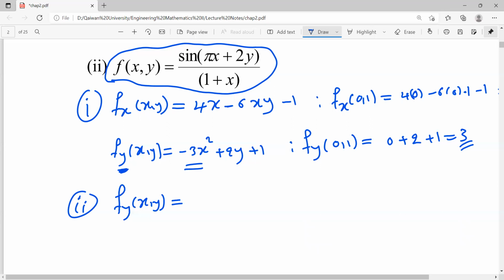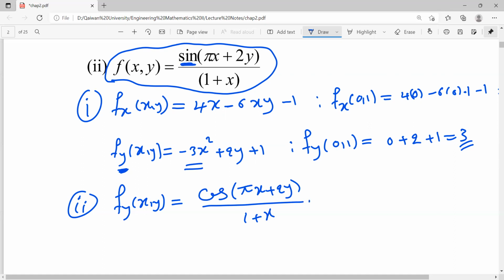If we take the partial derivative of the function with respect to y, we get the derivative of sine, which is cosine. It's cosine of what? Of the angle pi x plus 2y, over 1 plus x. This is a constant. That's why we just write down the same, because here we take the partial derivative with respect to y. So we treat all x terms and constants and numbers as constants.